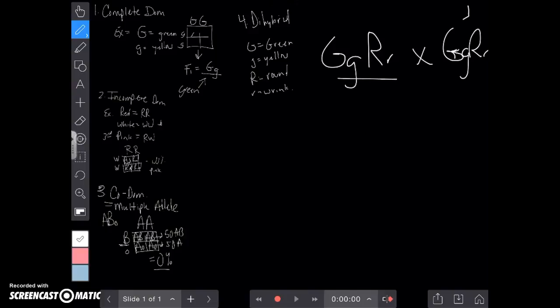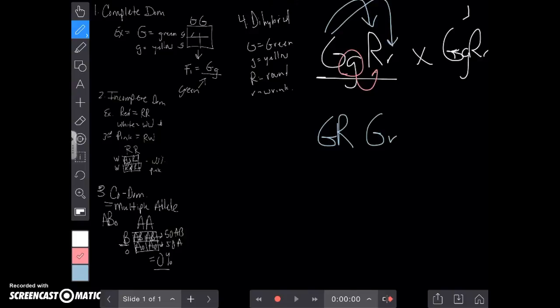To figure out all my possible gamete combinations, I need to FOIL. I take the first G with the first R, so I've got G, R as my first one. I take the first G with the second R: capital G, lowercase r. Then I do it again. I take the second G with the first R, so it's little g, big R. Then the second with the second: little g, little r.